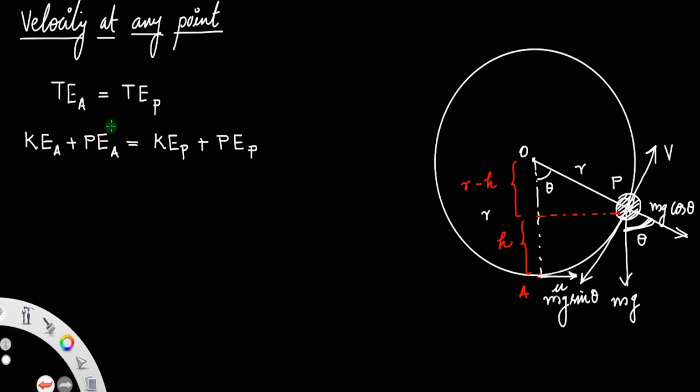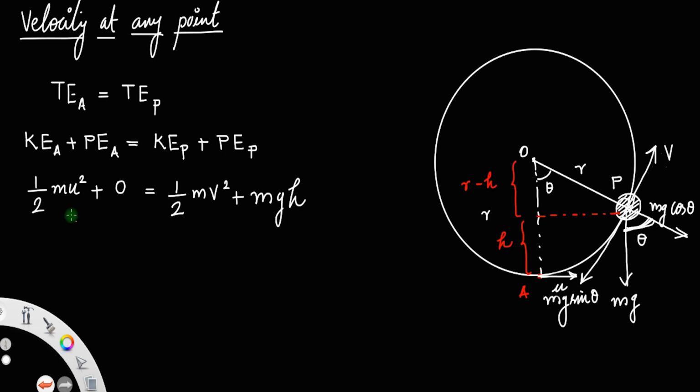Now the kinetic energy at the point A will be half m u square plus, since there is no height at the point A, potential energy at A is 0. Similarly, the kinetic energy at the point P is half m v square plus, since there is a height of h when the mass is here at the point P, the potential energy is mgh.